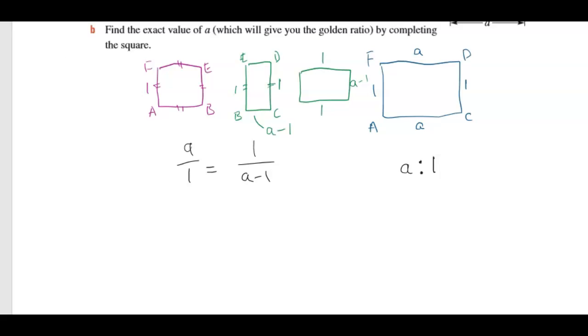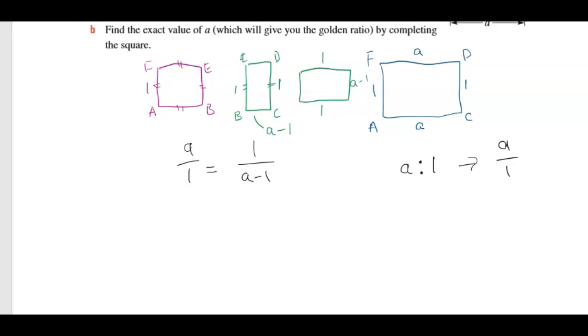So if we doubled it, that A would be 2. So it'd be 2 to 1. If we tripled it, it'd be 3 to 1. But we can also write ratios as fractions. So this is the same as A over 1. Okay, so remember, if we doubled it, if A was 2, that would become 2 over 1, which is 2. Or if we tripled it, it'd be 3 over 1, which is 3, etc.